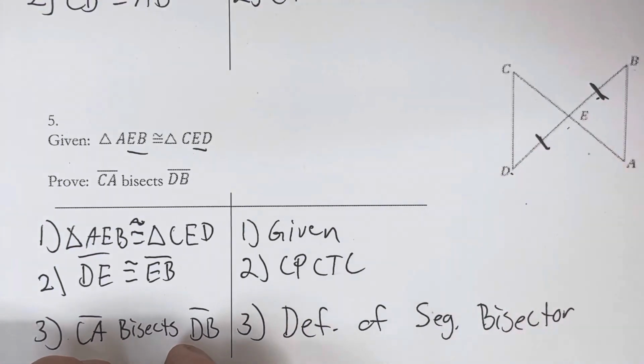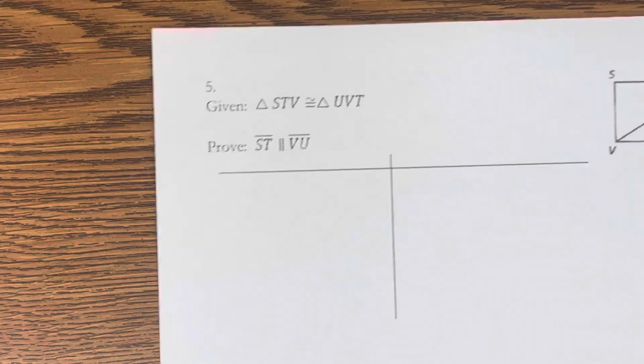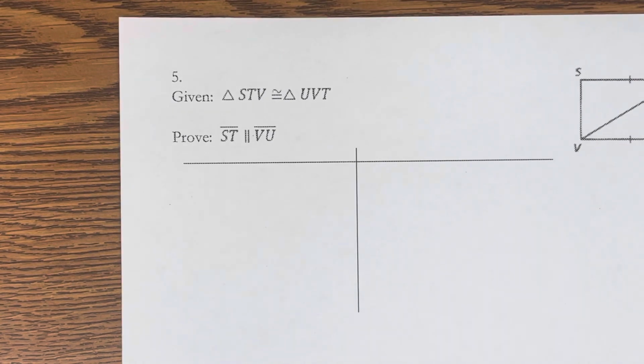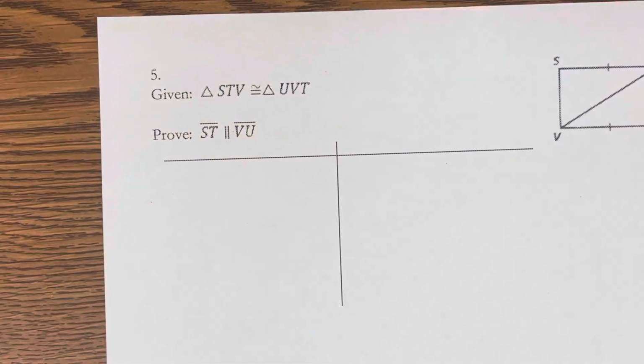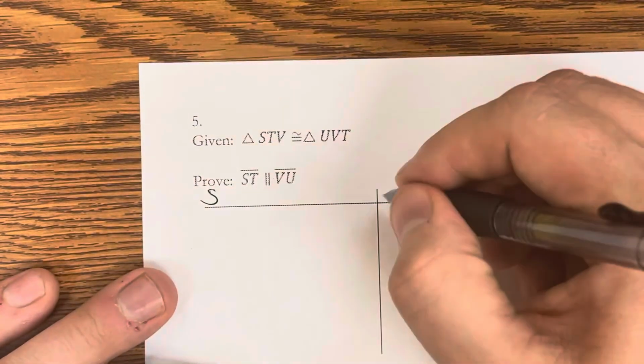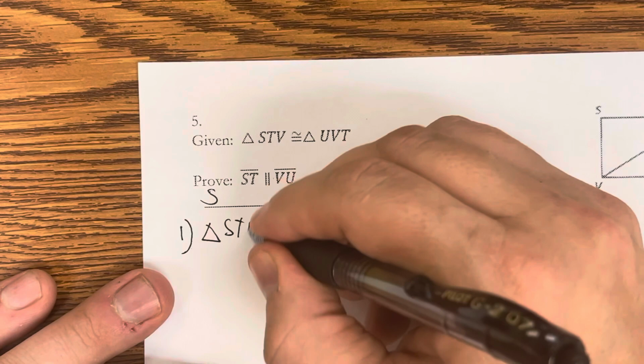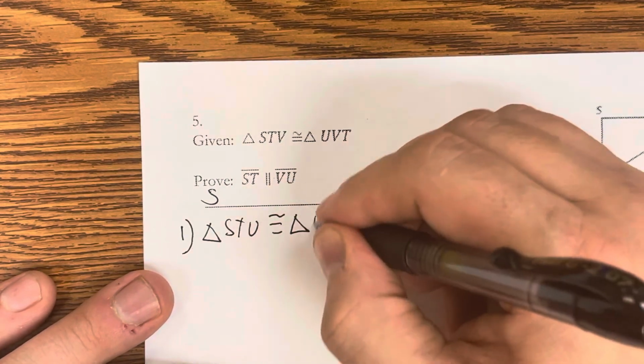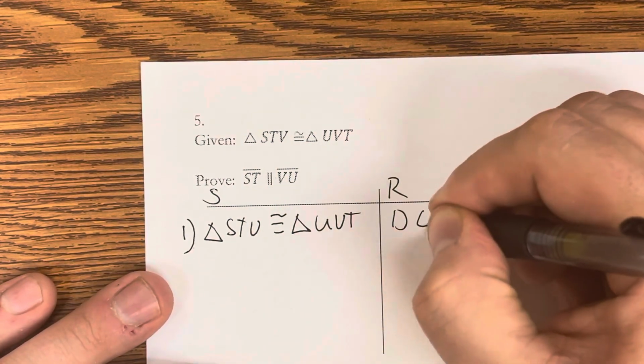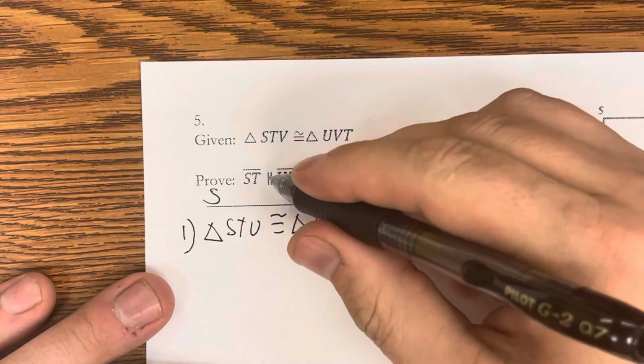So all of these problems, the triangles were already congruent. And the parallel lines, again, I'm told that the triangles are congruent. So statements, reasons, step 1, given triangle STV is congruent to triangle UVT, given ST parallel to VU.